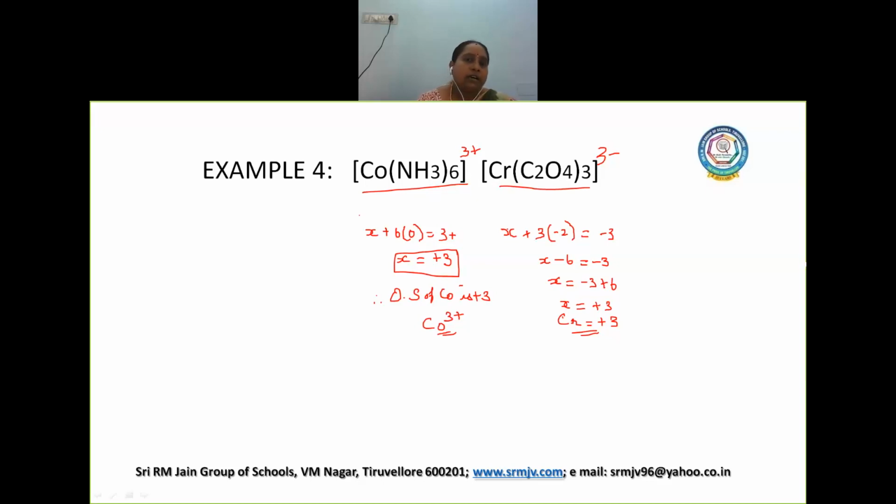This will be like a multiple choice question. Okay, so they'll ask you to find out the coordination number or oxidation number of the central metal atom. Okay, so now we have discussed how to calculate the oxidation number. So next, let me teach you how to calculate the coordination number. Okay, children, thank you.